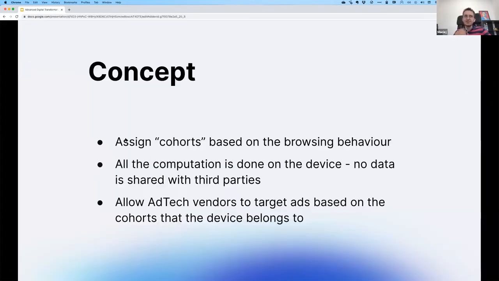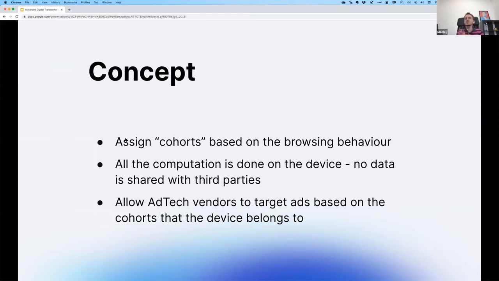So basically the concept of cohorts is that we collect the data on the device about our behavior. So what websites they visit, what kind of content they consume on the device, basically the browsing behavior. And based on that, there is some model computation done, and we are assigning the cohorts.